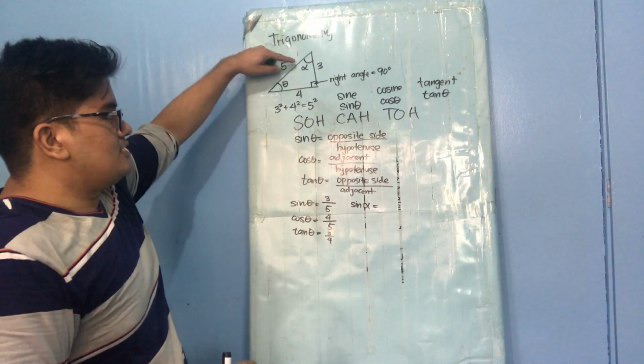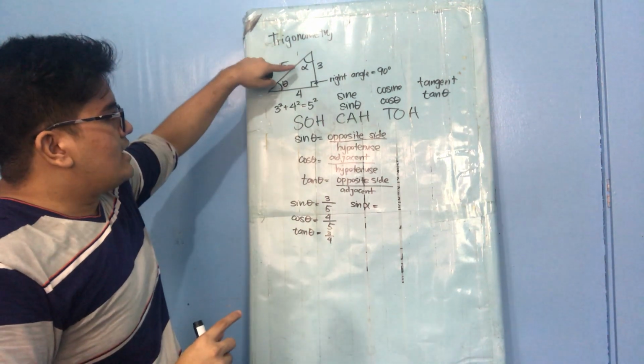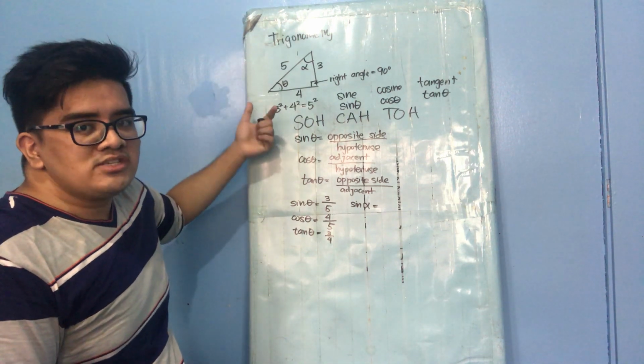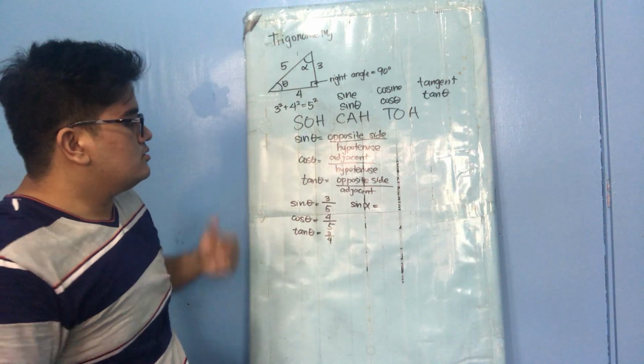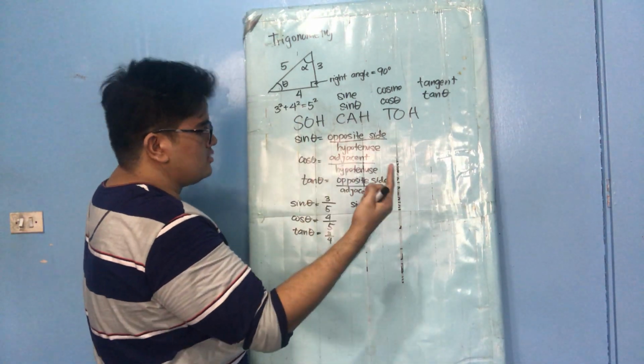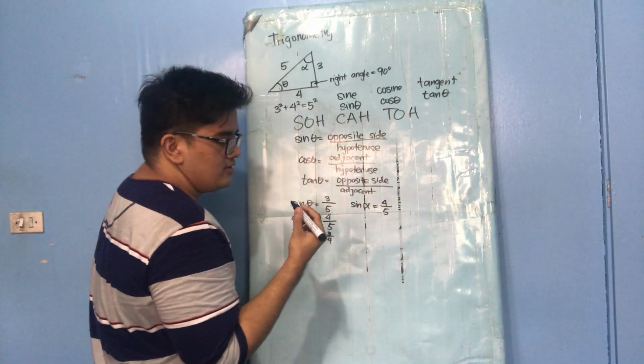The side opposite angle alpha is 4. And notice that the side opposite alpha is the one adjacent to theta. So, by definition, opposite over hypotenuse, 4 over the hypotenuse, which is 5.